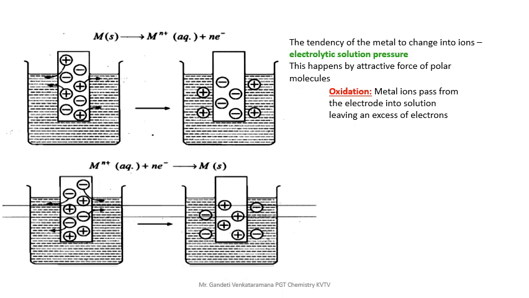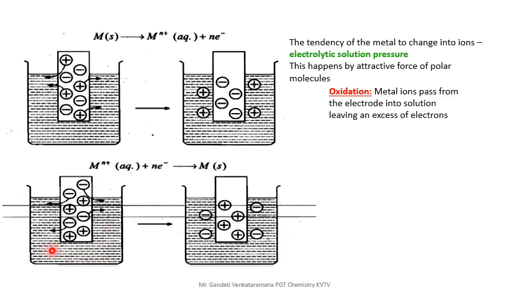Second one, this is the opposite version. When metal ions gain electrons and are deposited as the metal, this is called reduction. So check the diagram. In this case, electrons pass to the solution. Whatever metal ions are already present here, this is the solution.